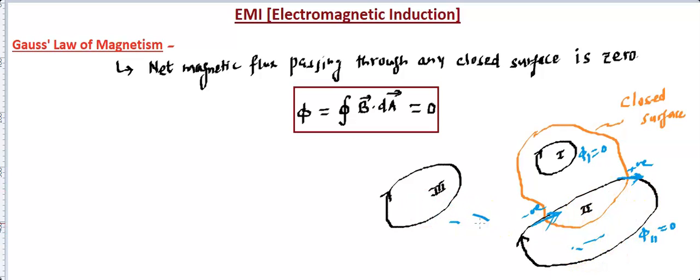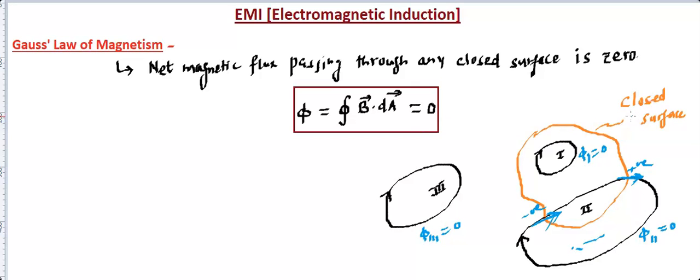Third, if we talk about this third case, you'll find it is not intersecting the closed surface. So flux because of this third type is 0. That means all types of field lines for this particular closed surface will lead to 0 flux. Hence, the flux will always be 0, no matter how the field lines are, as long as your surface is a closed surface.